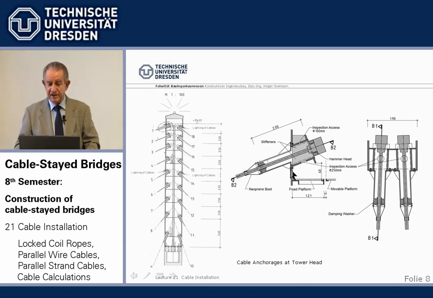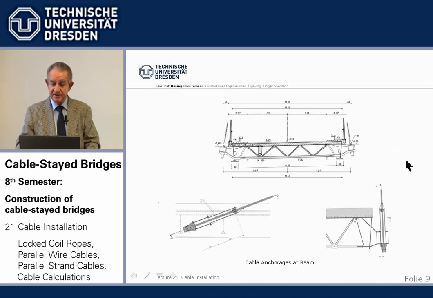We see here the details. We have the cable, we have the anchor head, and there are some crossbars underneath the anchor head to prevent that the cable runs away here. The same here. So it's anchorage in steel.